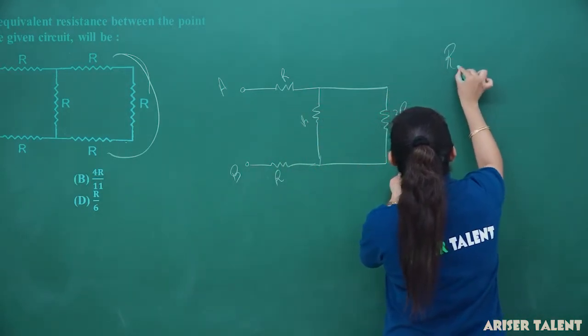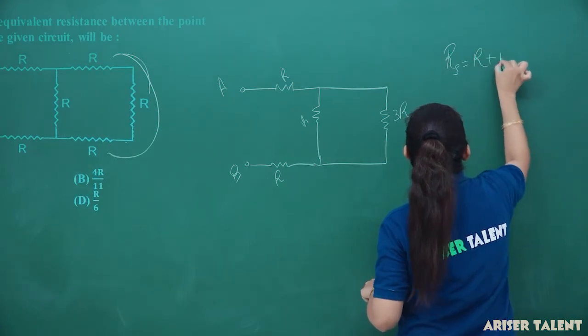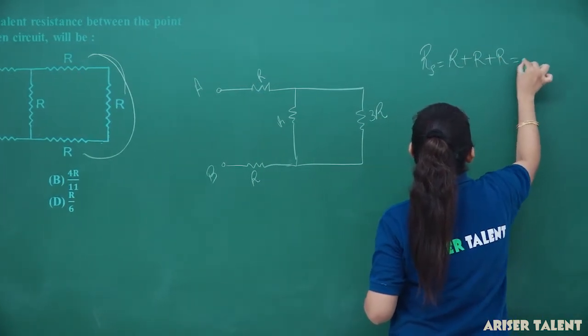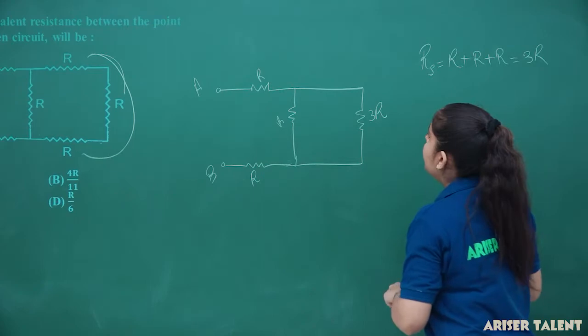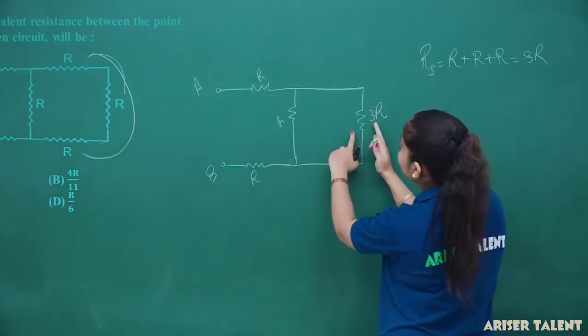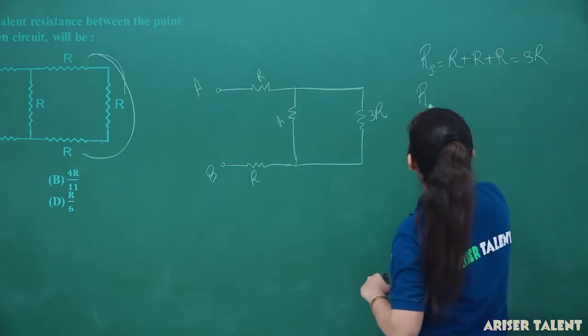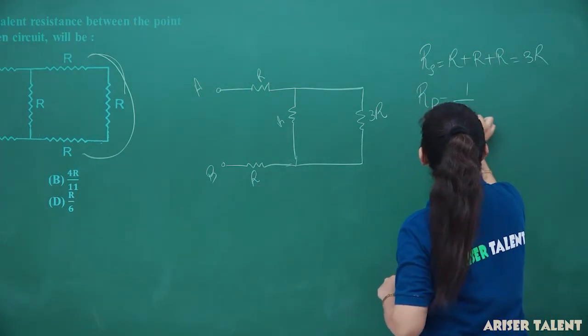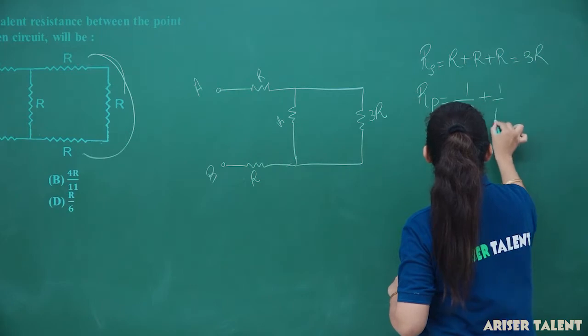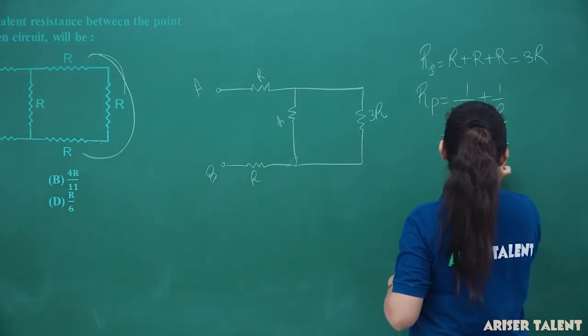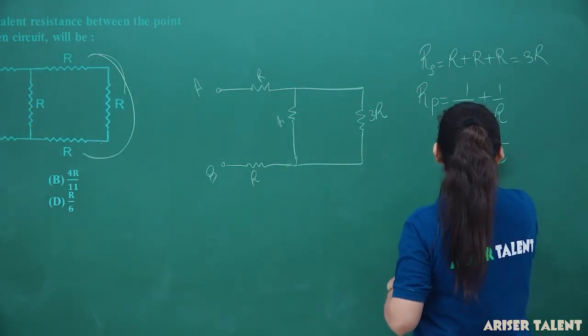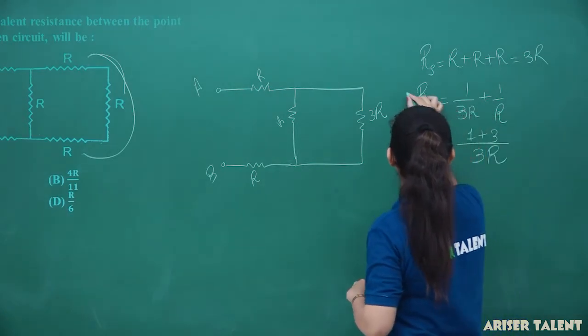So, this is the series combination I am getting from here, that is R plus R, and it is equal to 3R. Now, you can see that this 3R is in the parallel combination with that R. So, I will calculate RP. RP will be equal to 1 upon 3R plus 1 upon R. The LCM here will be 3R and it will be equal to 1 plus 3.